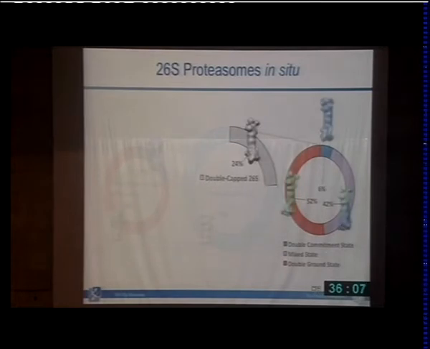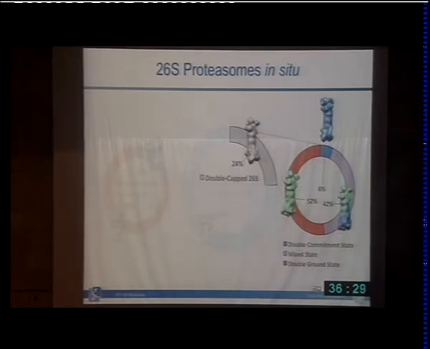Of those which are double capped, the situation is, of course, a bit more complex. Roughly half of them are again in the ground state. Very few, only something like 5–6%, are in what we call a double commitment step. So they are obviously dealing with substrates at both ends here.